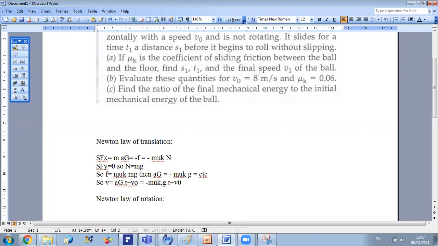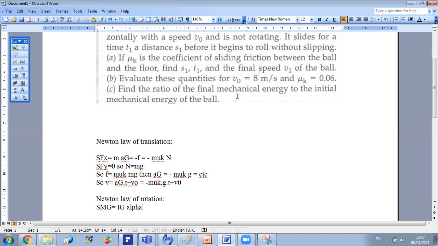So we have that sum of moments equals، هنعمل sum of moments about which point؟ About the center of mass لأنه عندنا general motion. So sum of moments about G equals inertia about G times α.